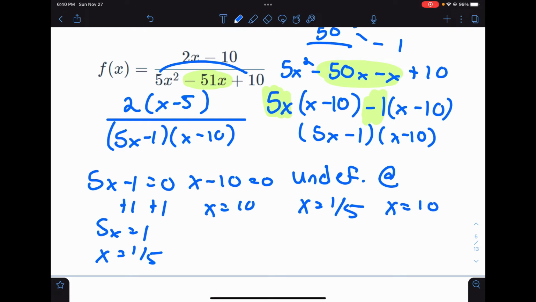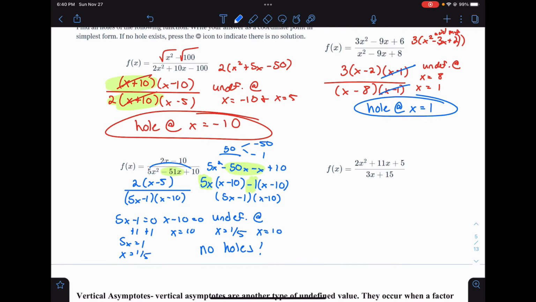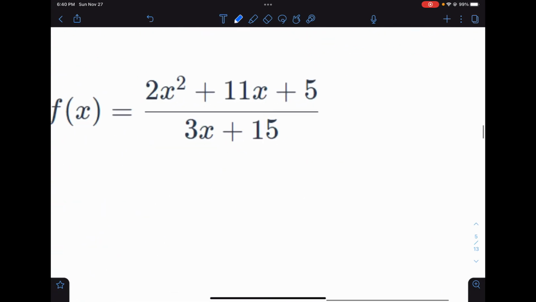Now, of course, we got to go look, okay, are either of these holes? And neither of these guys are holes. So while this function is going to be undefined at these two locations, there are no holes here. All right, now, not all functions are going to have holes. All right, let's try this next one.